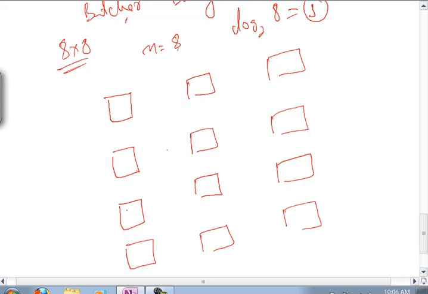So if I'm having 8 inputs, I need 4, right? So it will be 4 cross 4, but it will give me the inputs versus outputs 8 cross 8. Okay, this is my, for example, inputs here. 0, 1, 2, 3, 4, 5, 6, and 7. So 8 inputs.